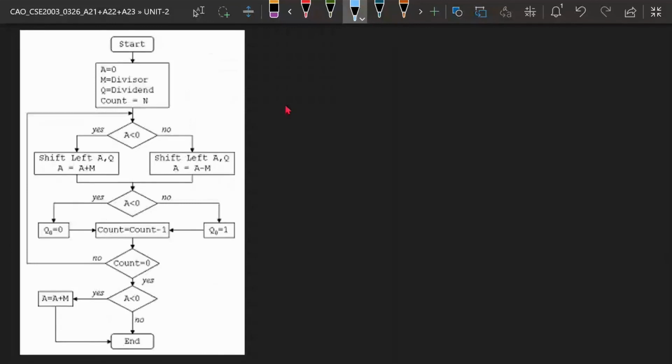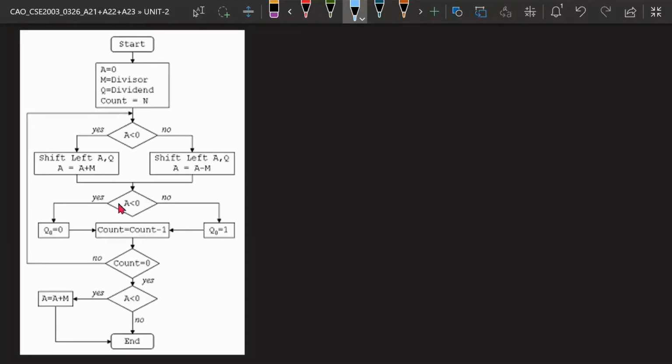Here you can see it's similar to all the other algorithms. Here also we perform operations like shift left, and addition and subtraction. And also we are checking whether the accumulator content is less than or equal to 0.